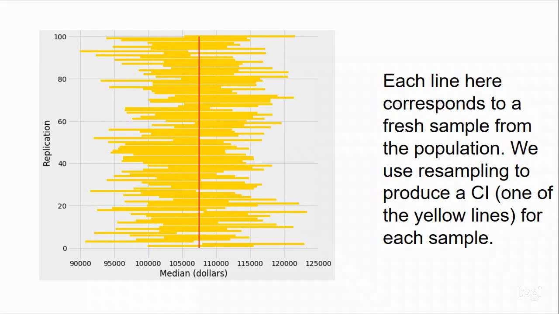The 95% confidence intervals are each stacked one on top of another like plates, slightly offset, and those intervals contain the red line about 95% of the time. Close to 95% of these confidence intervals contain the true parameter, which is what we would expect.